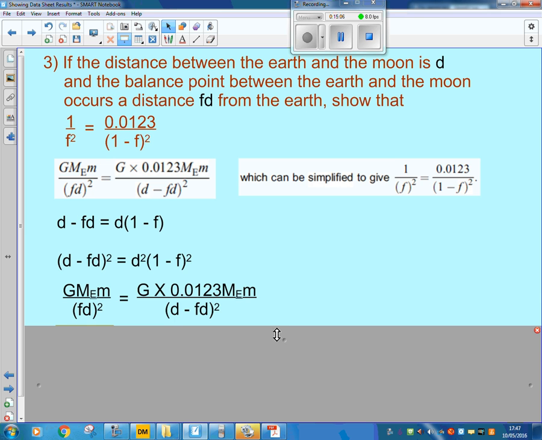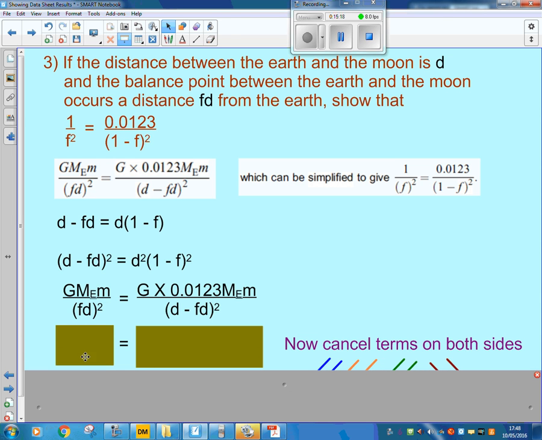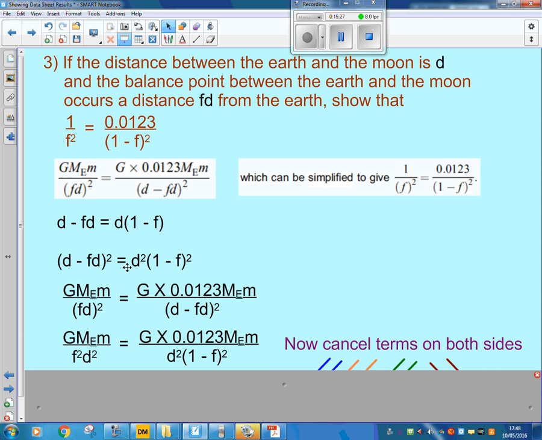But what I'm going to do is, where I've got d minus fd squared, I'm going to write that in. Where I've got fd all squared, I'm going to square both bits, get f squared d squared. So I get here f squared d squared. Here, instead of d minus fd squared, I can put d squared times 1 minus f all squared.